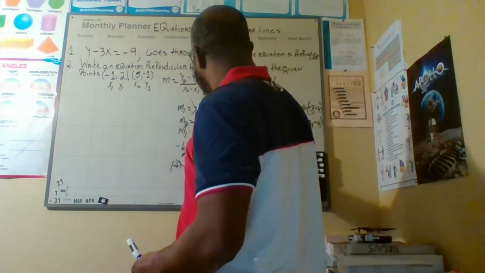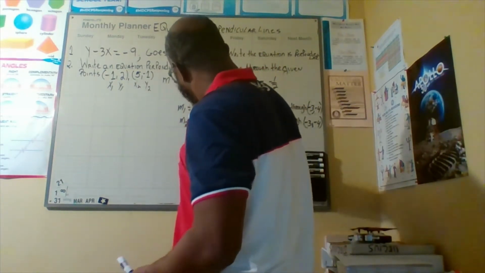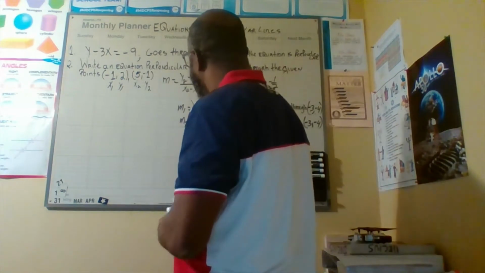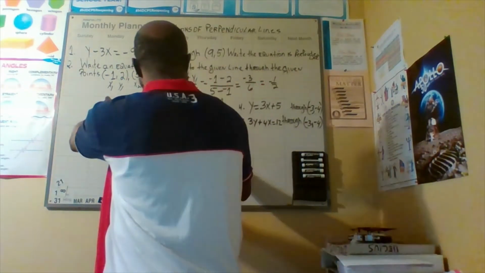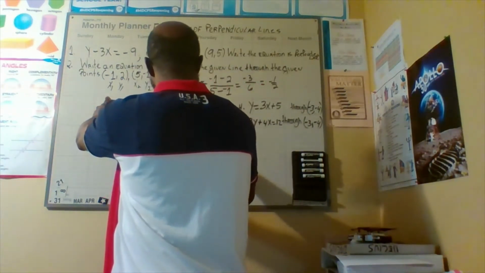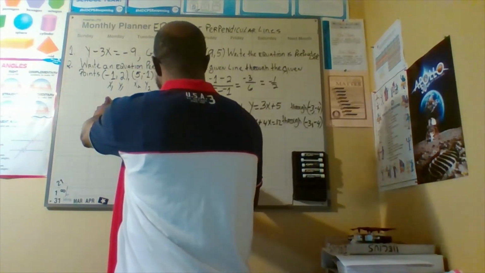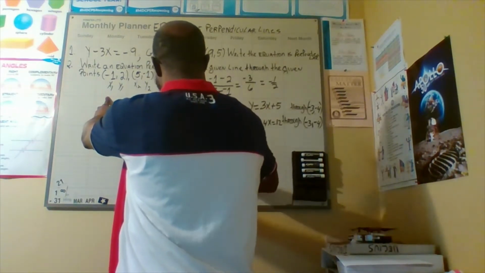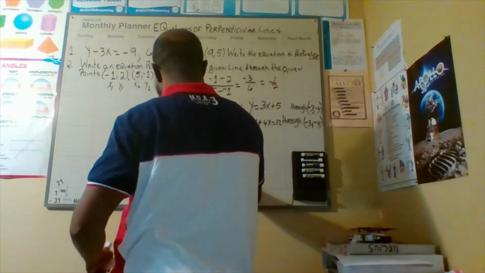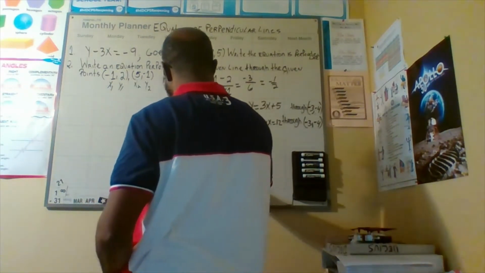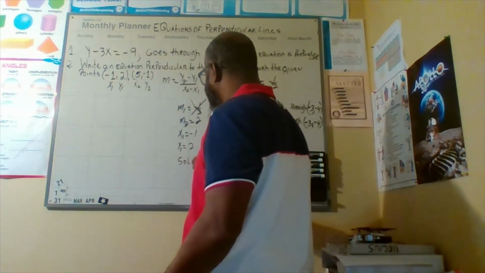So since I know my slope is positive 2, then I can identify my x1, which is negative 1, and y1, which is 2. Then I'm going to solve for y.